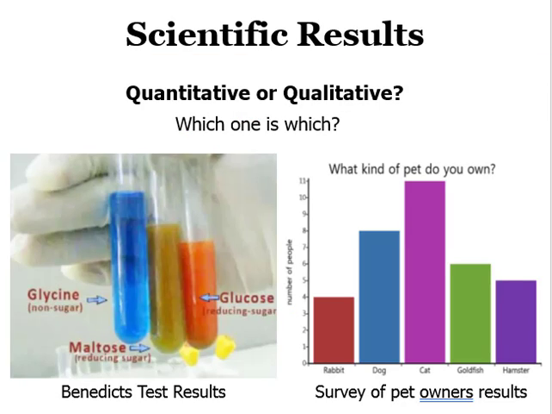Scientific results can generate two types of data, either quantitative, where you have numbers assigned to different categories, like what is shown here on the graph to the right. Another perfectly reasonable type of data we see often in the lab are qualitative results, here on the left. In this case, we see a color change that indicates a positive reaction when compared to a negative control.